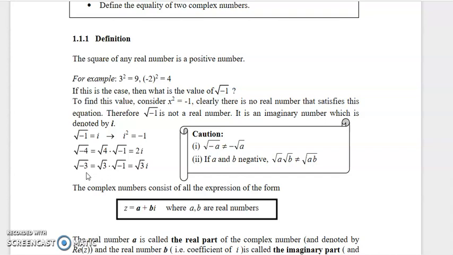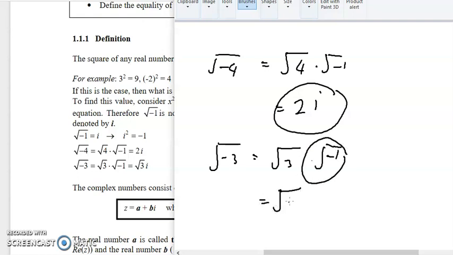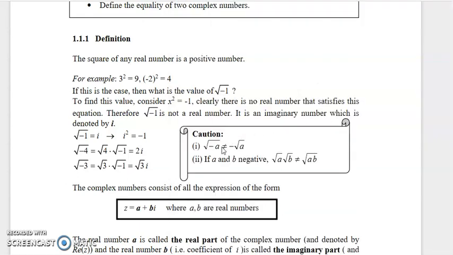We have the same thing when you have the square root of -3. We can write it this way: the square root of 3 multiplied by the square root of -1. The square root of -1, yes, we know it will be equal to i. So therefore it is the square root of 3 times i here. But please be careful.